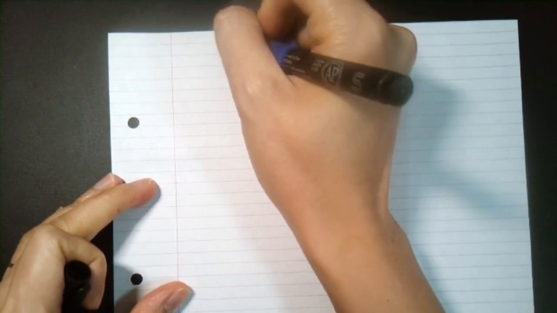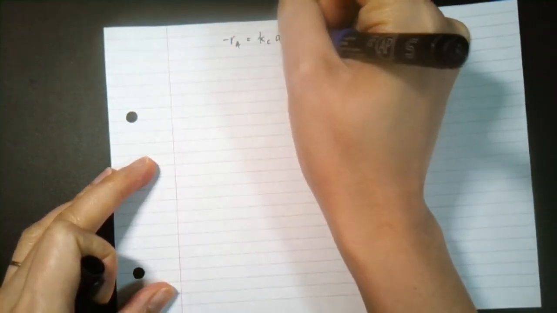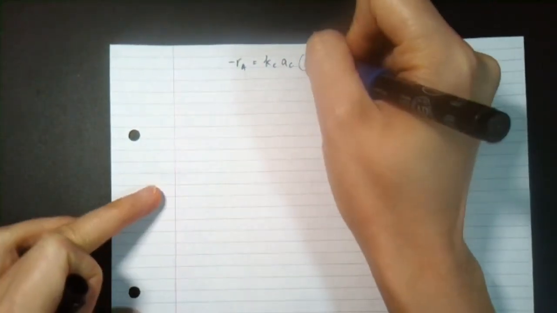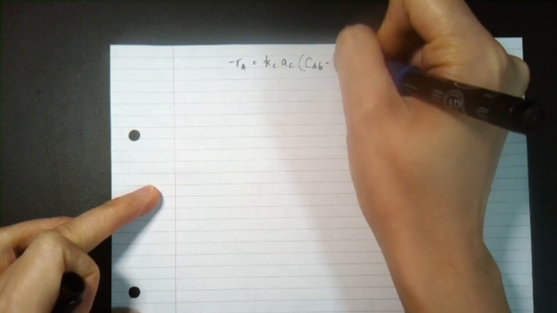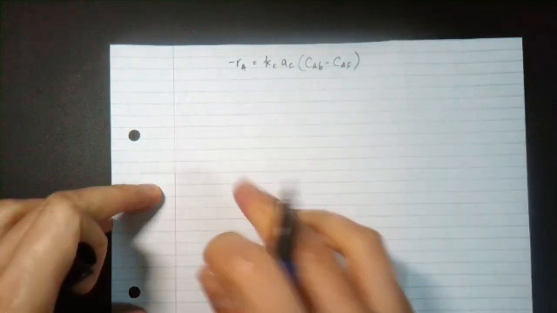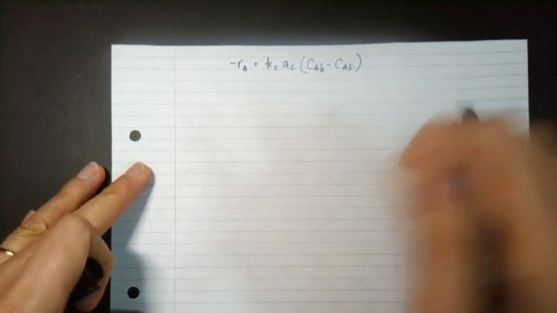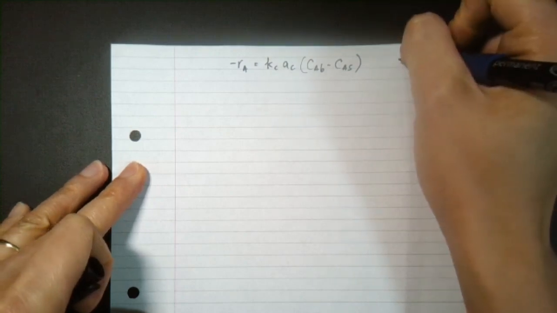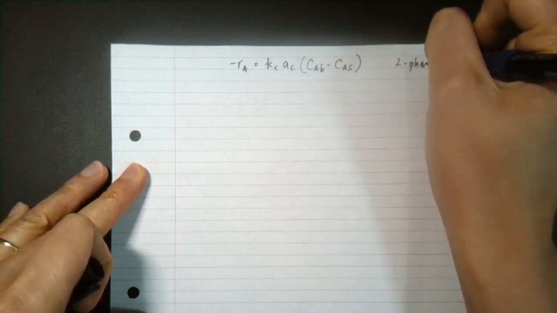In the last lecture, for external diffusion or external mass transfer, we wrote the rate as negative rA is equal to Kc AC times CAB minus CAS. Okay? So this is what we did for a two-phase system.